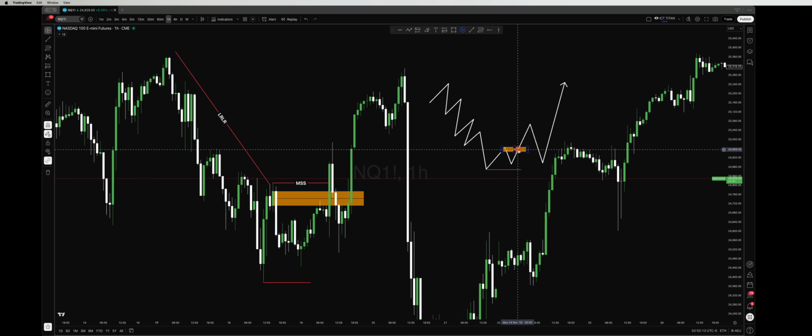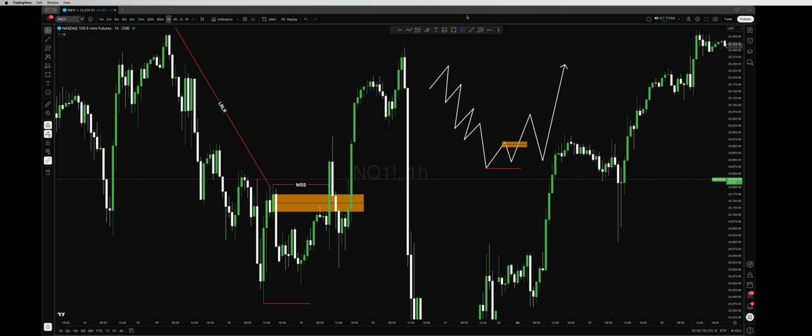Even if the market structure shift happens, that will not be a very strong bullish move. As you see, price can just break through the mitigation and do the damage, and then it might go up just because we have LR, right?